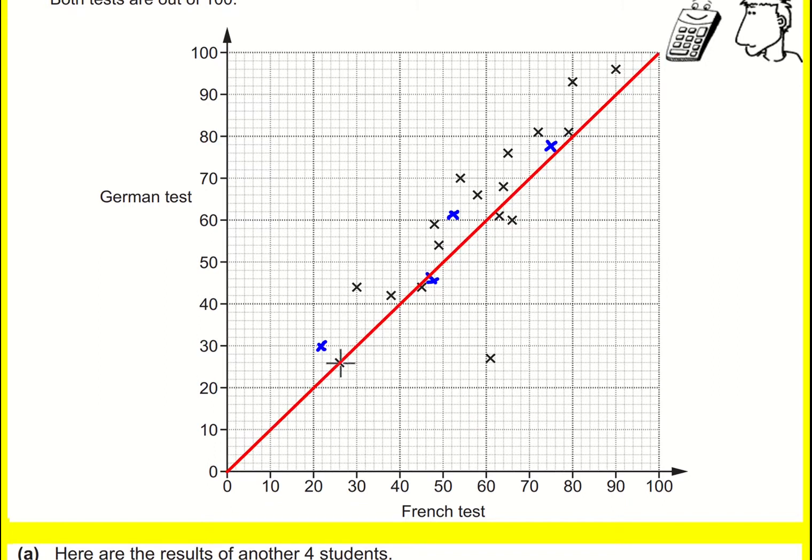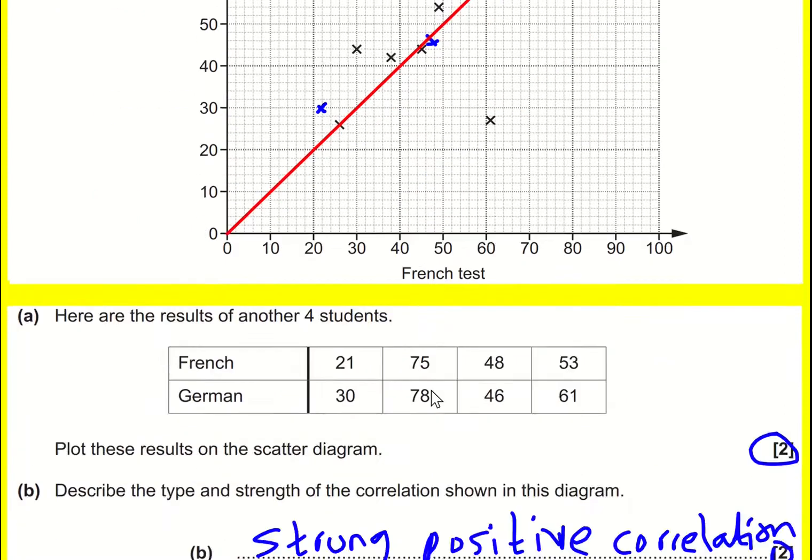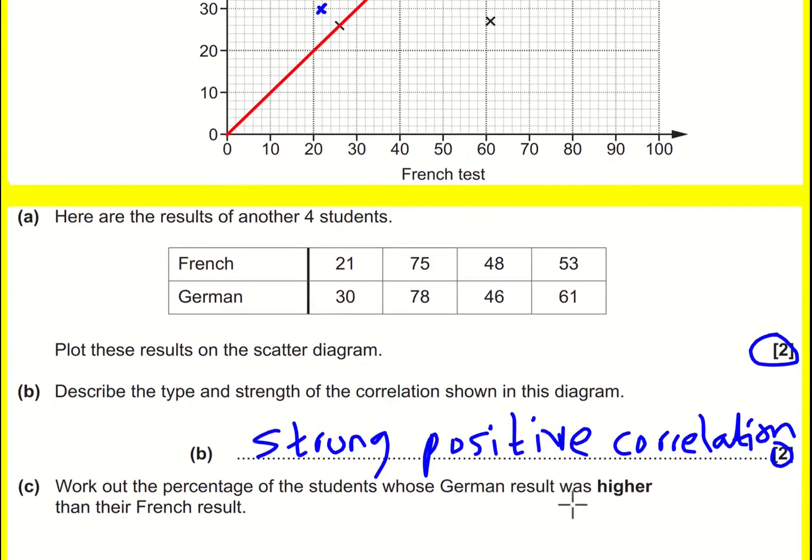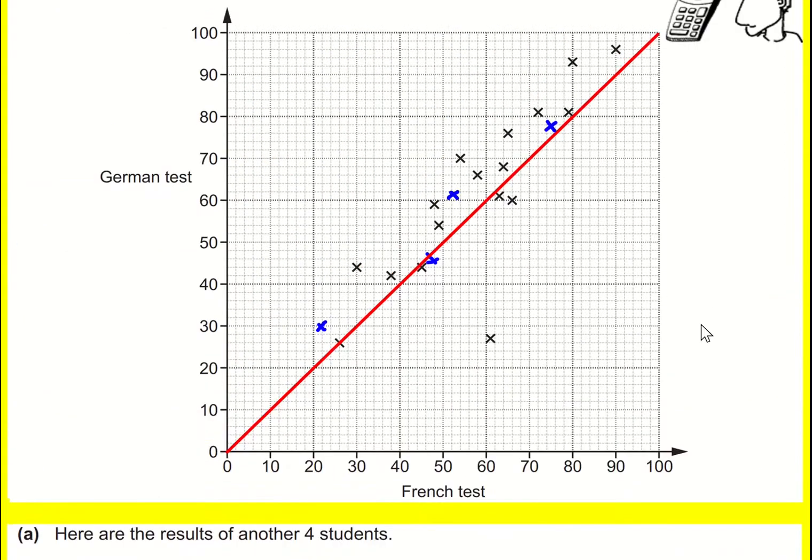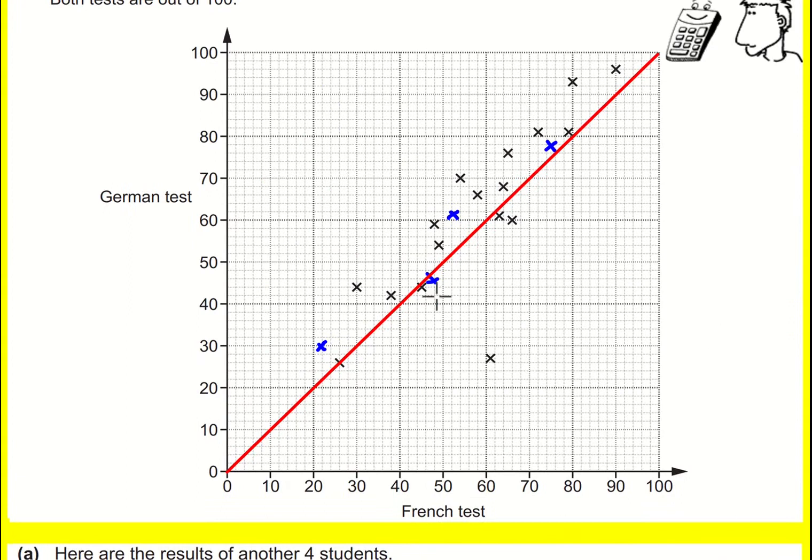Now there's one which is exactly the same, so we can ignore that. Its German result was higher than their French result, so we're looking for all the points that are above the line essentially, because here you can see they've got 30 for German and about 22 for French.